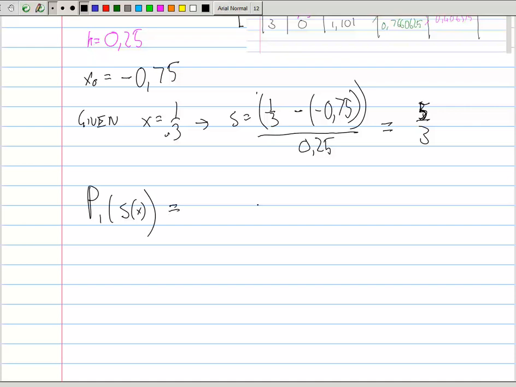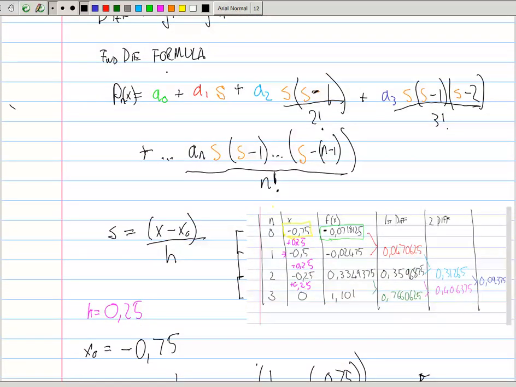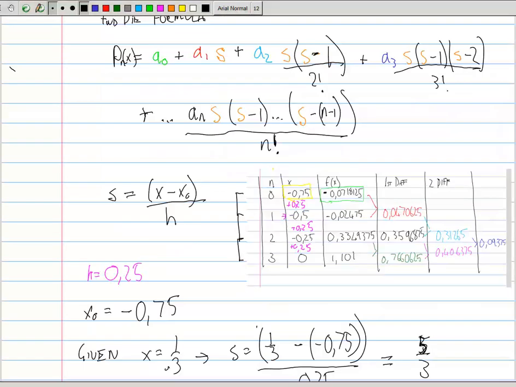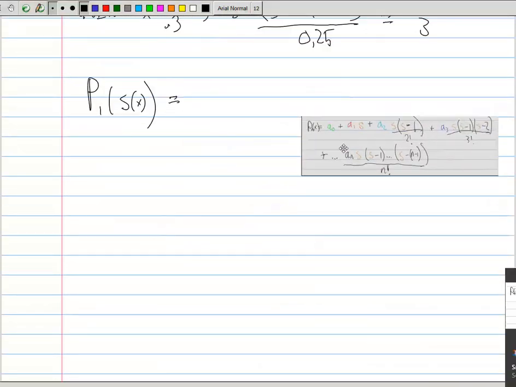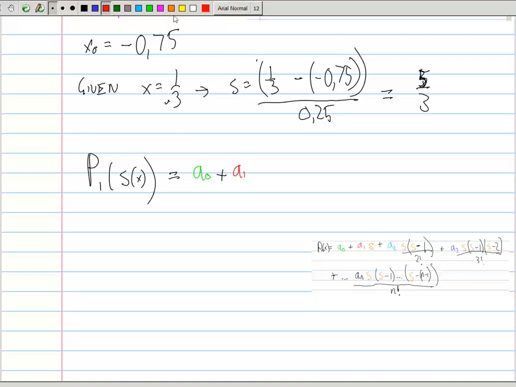So according to our formula above, let me pull that up. According to our formula, we are going to have a0 plus a1 s, and that's where we stop, because we're only looking at the first terms, because n is equal to 1. We don't have any further terms.